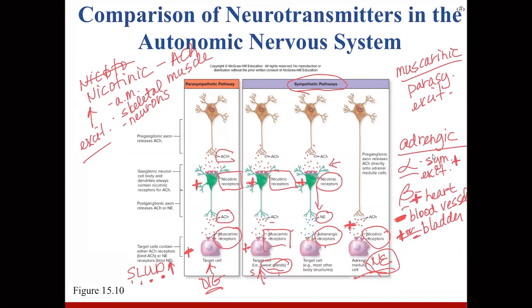So that's why there's so many different things going on over here. Some places where things are being inhibited, it's possible that it's slowing things down or turning them off.